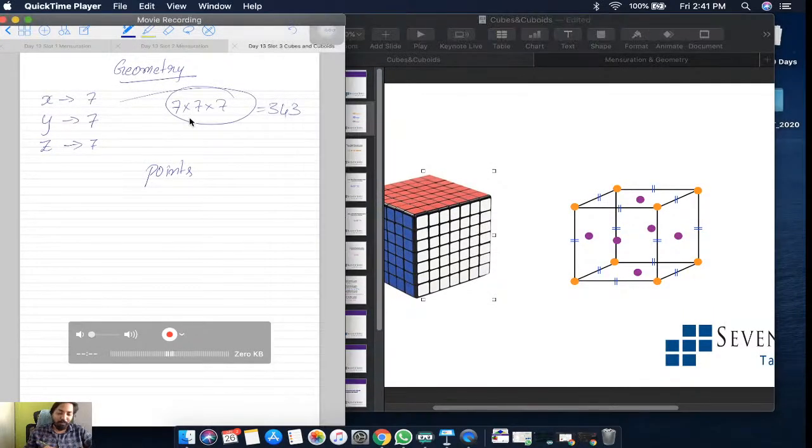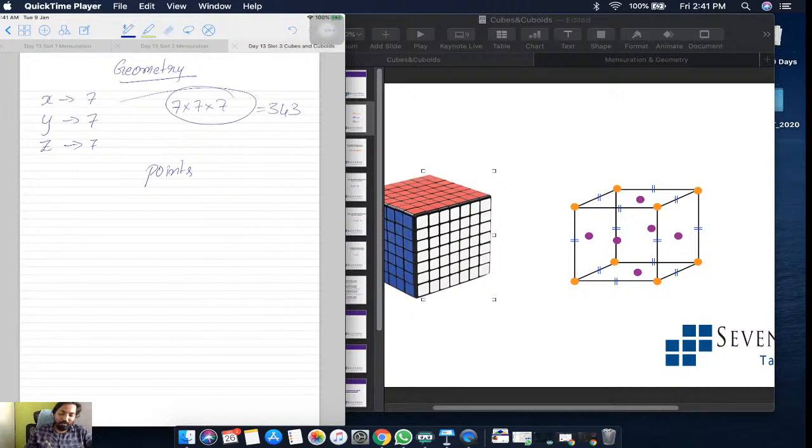This is very important. What does an edge represent geometrically? And what does a face geometrically represent?